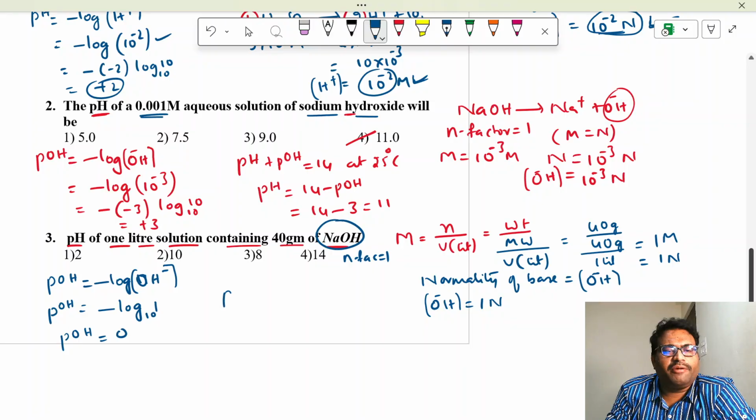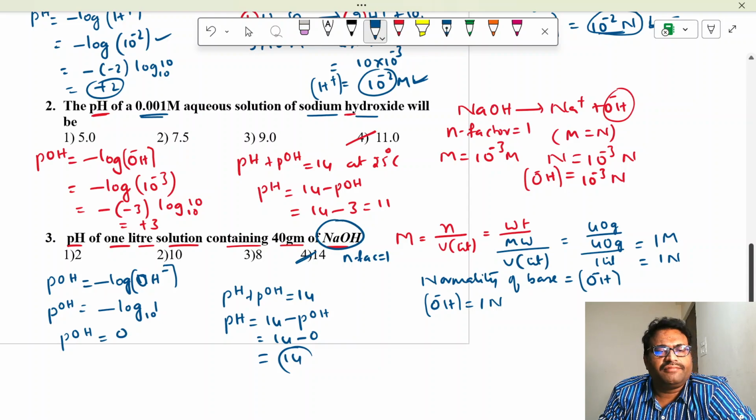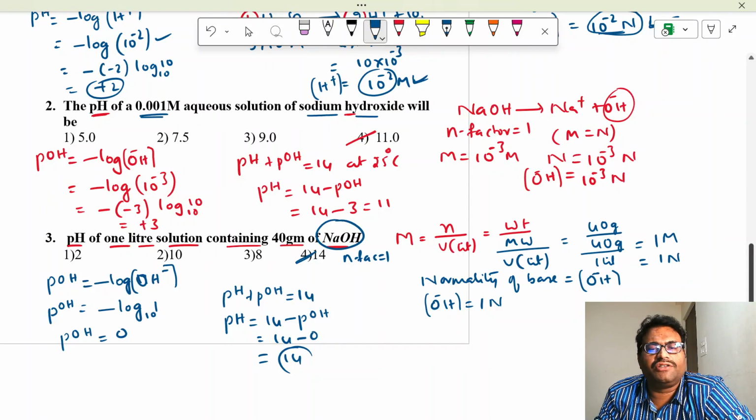Now I can write pH plus pOH is equal to 14 at 25 degrees centigrade. So pH is equal to 14 minus pOH, that is equal to 14 minus 0, that is equal to 14. So we have the answer, right? So this is how to solve questions on pH when strong acid and strong bases are given.